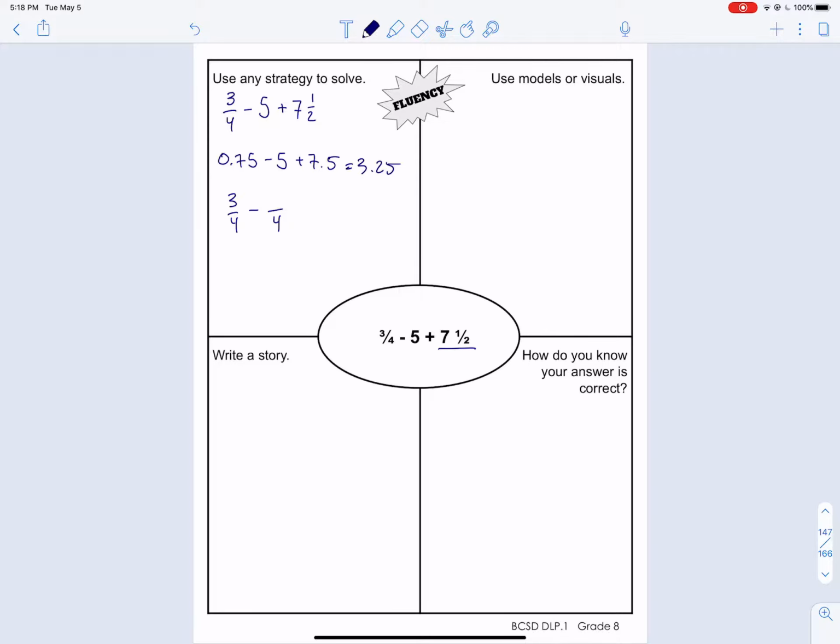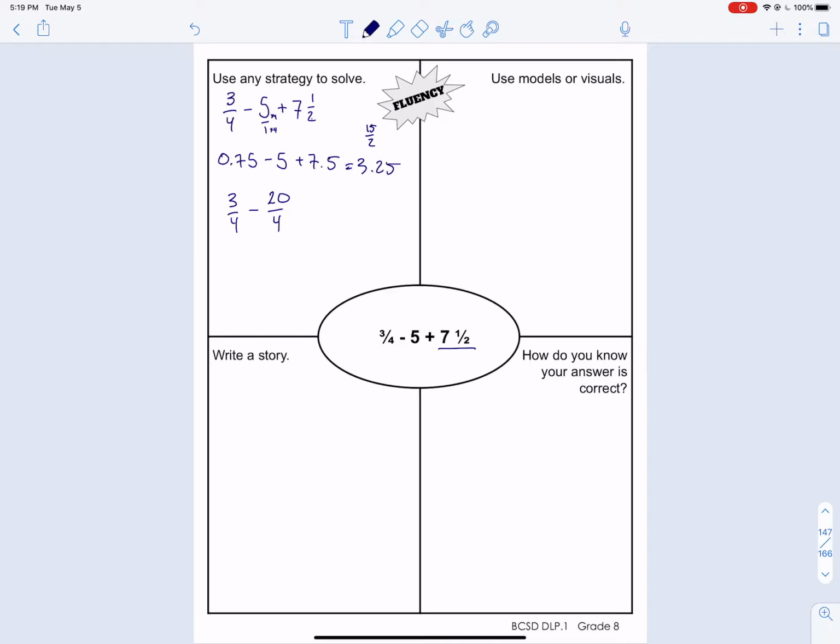If I think of 5 over 1 as the fraction, I multiply numerator and denominator by 4, so that's 20 over 4. And then 7 and 1/2. First of all, that's 15 halves as a fraction. It's a mixed number, so remember, multiply the denominator times the whole number, and then add the numerator. So 15 halves.